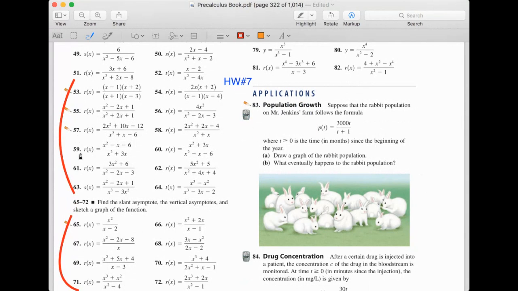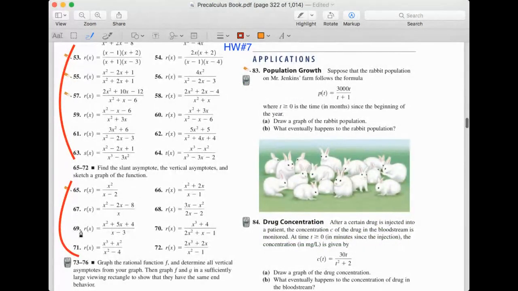The new homework is 53, 55, 57, 59, 61, 63, 65, 67, 69, 71. Try to use the steps of finding x-intercepts, y-intercepts, vertical asymptotes, and horizontal asymptotes to graph the function and a couple of points. All right, any questions?